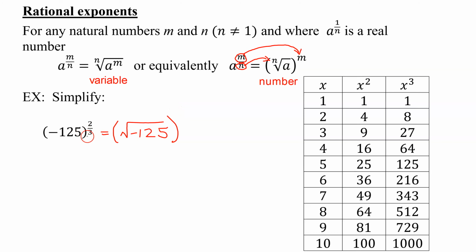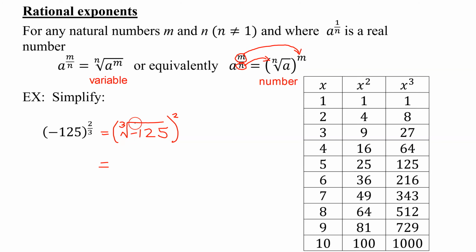Well, the denominator of my fraction, 3, is going to become the index of my radical. I'm going to take a cube root, and then when I'm done doing that, I'm going to raise the answer to the second power. So, first thing, what is the cube root of negative 125?